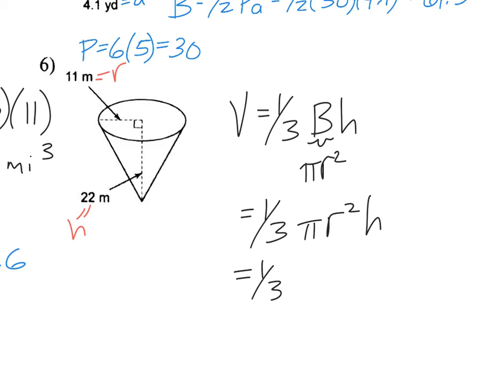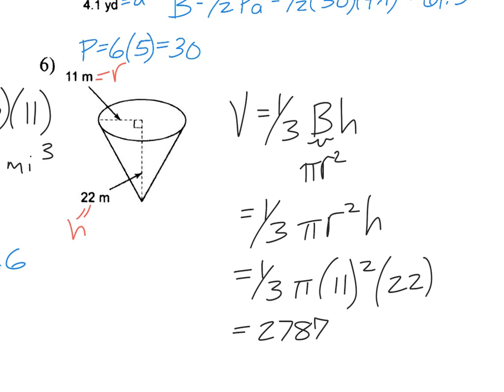So I got 1/3 times pi times 11 squared times 22. So I'm going to type all that in. I'm using the pi button on my calculator. And I got 2,787.6, and then that's meters cubed.